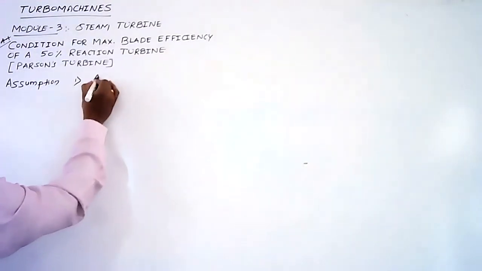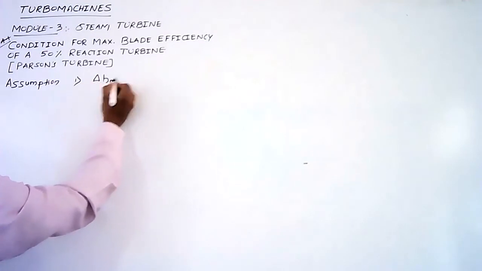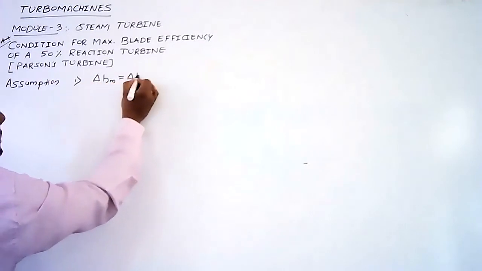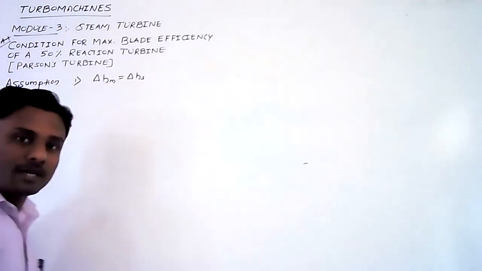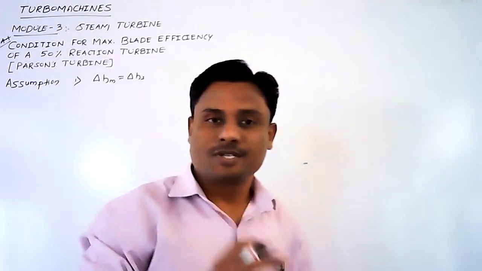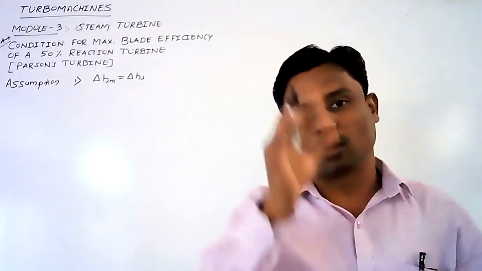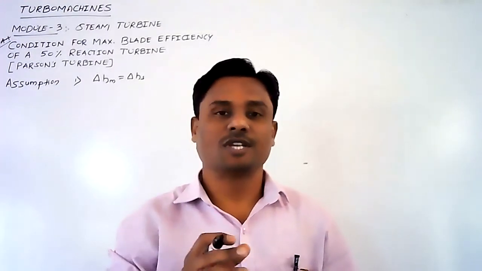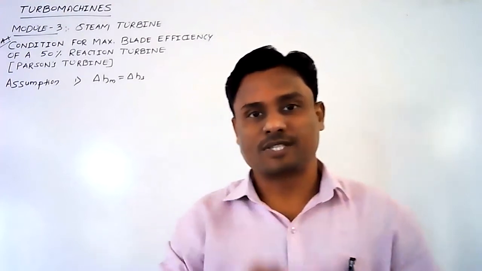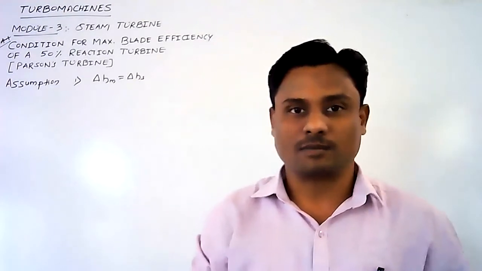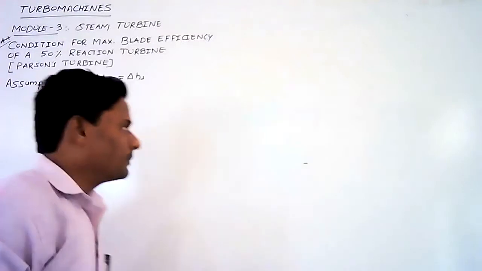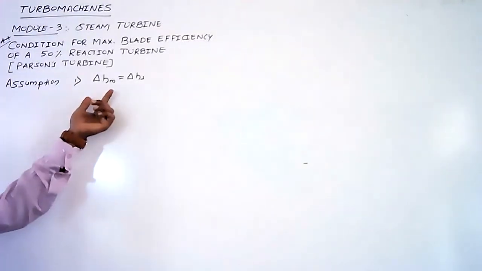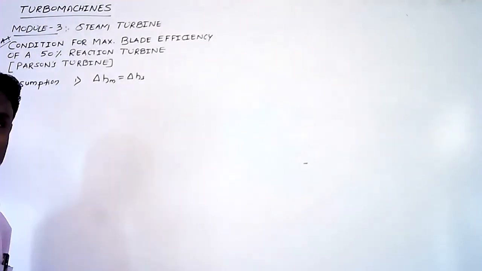So delta HM is equal to delta HS. Delta HM stands for the change in enthalpy in the row of moving blades, and delta HS stands for the change in enthalpy in the fixed blades or the stator blades. This condition is valid for the 50% reaction turbine.